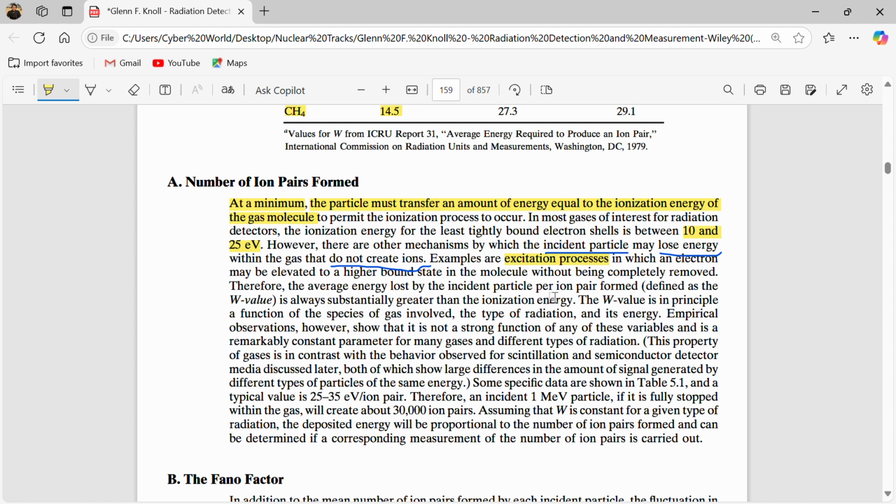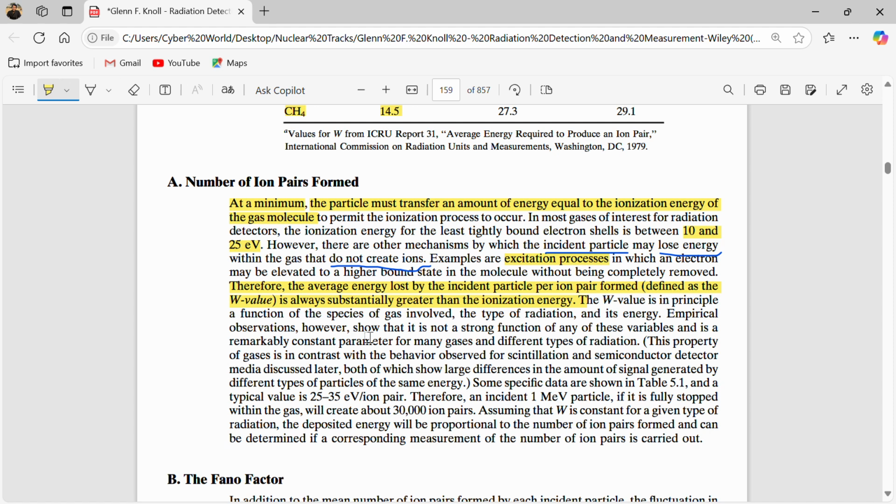So, this is the definition of the W value, which I told you above. What is the W value? The W value is basically the average energy lost by the incident particle that interacts in the ionization chamber. So the average energy lost by the incident particle per ion pair formed, defined as the W value, is always substantially greater than the ionization energy.